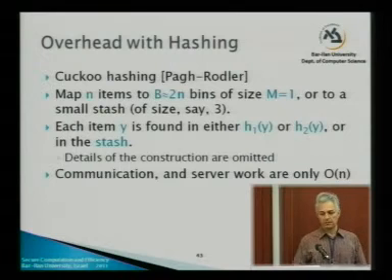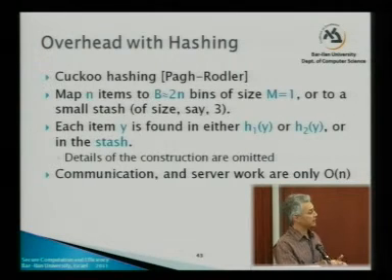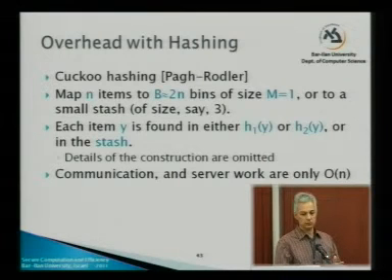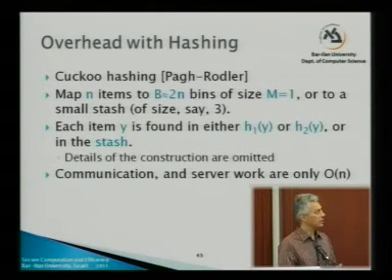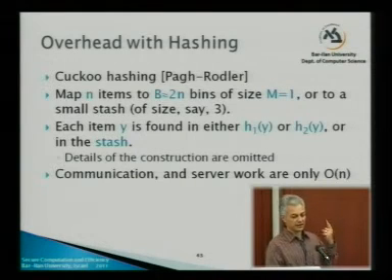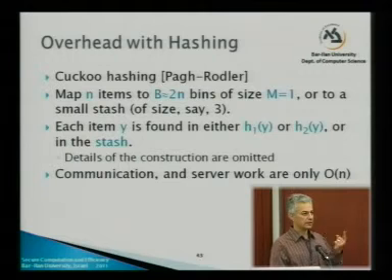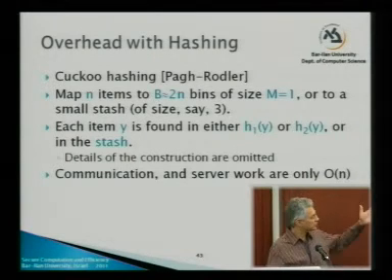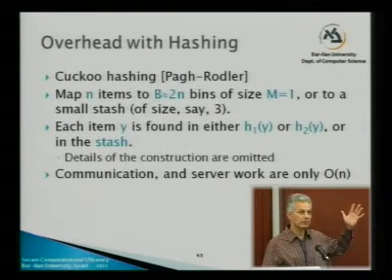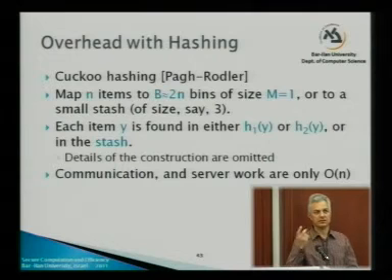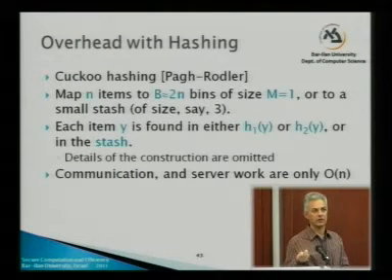So now each item y is either in bin h1 of y, bin h2 of y, or in the stash. In each bin we're going to have a single item, so each polynomial is going to be of size 1. And the stash is going to have a polynomial of degree, say, 3.